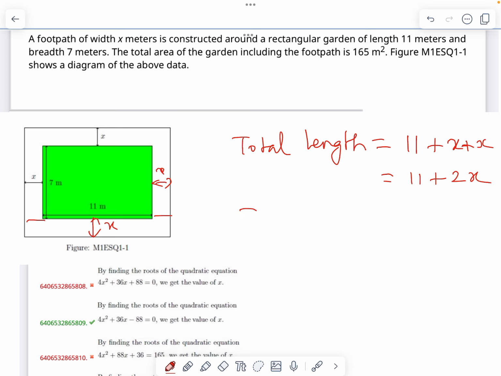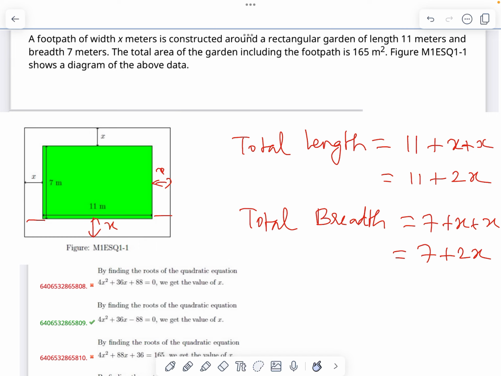Then total breadth: they already gave us 7 meter, then add this x and this x, so you'll be writing 7 plus x plus x, so totally 7 plus 2x.